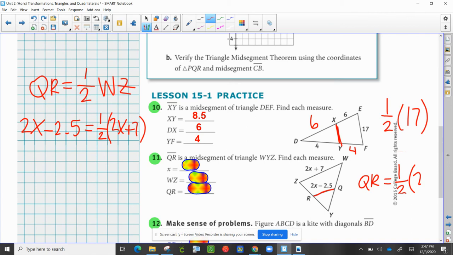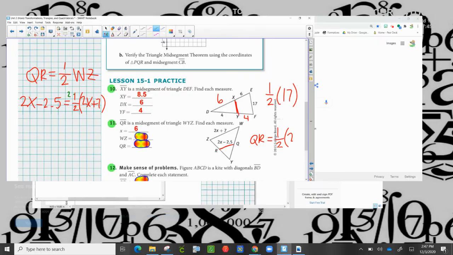Okay, if you did this correctly, you should have gotten that X was 6. You could have distributed that 1/2 if you wanted to. You could multiply it out on both sides to get rid of it. That might be easier. Multiply this side by 2 and this side by 2.